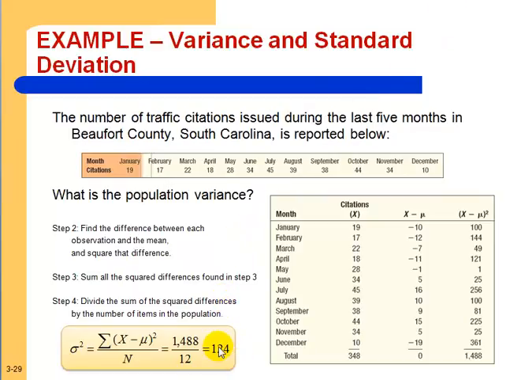So what does 124 mean? For this group of data, the average squared difference between each data value and the mean is 124. That number is hard to understand.